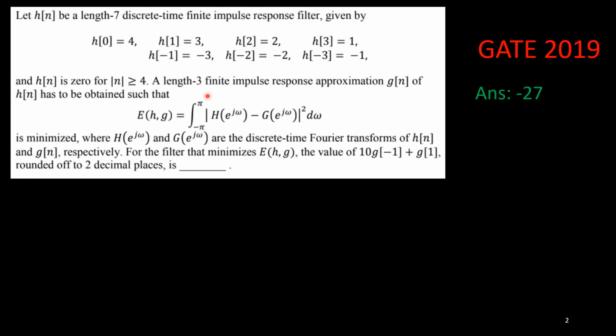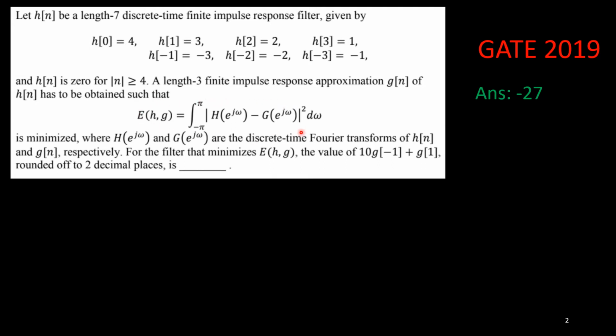a length 3 finite impulse response approximation g of n of h of n has to be obtained such that this function is minimized. Means we have to minimize this function and we have to get a length 3 g of n sequence which will give you the minimized function.